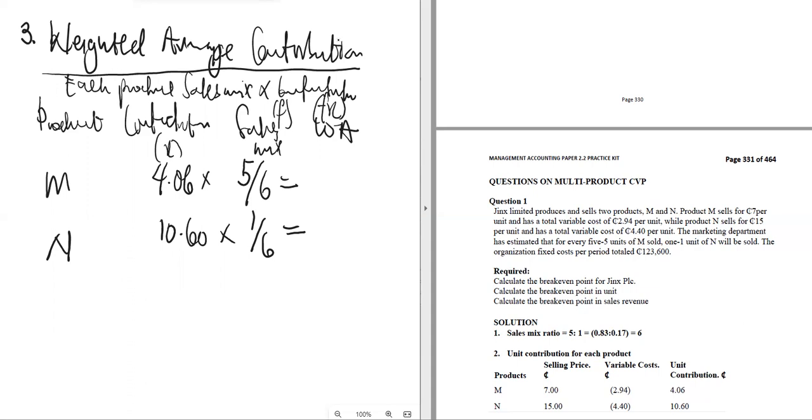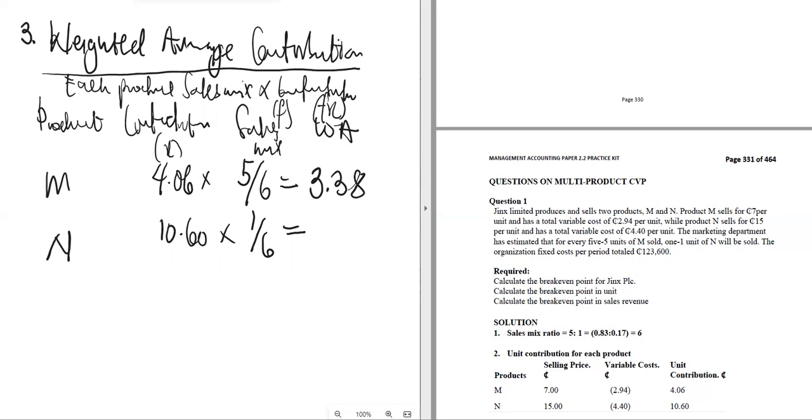Let me get my calculator. With your 4.06 by 5 over 6, it's going to give us 3.38. Because it's money, you can decide to use 2 decimal places.